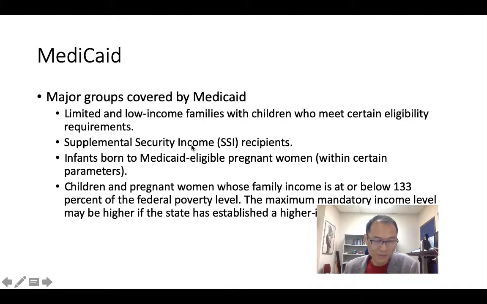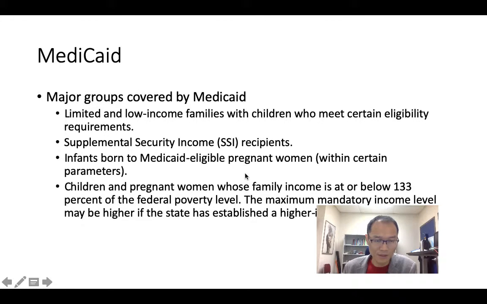So just a little bit on the Medicaid. Major groups covered by Medicaid typically are children living in poverty, childless adults who may be eligible for SSI, and pregnant women also covered.